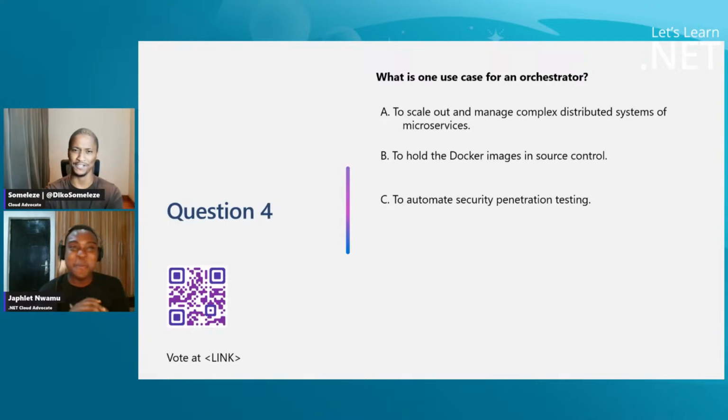What's your idea, Jeffrey? Just to double check with you. So the options here, first off, using an orchestrator to scale out and manage complex distributed systems of microservices, to hold the Docker images in source control, to automate security penetration testing.